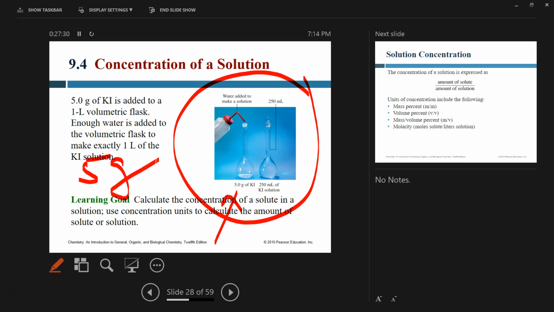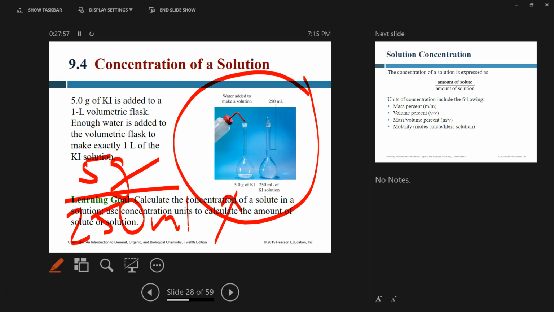And these 5 grams of salt are dissolved in enough water to make 250 mL of solution. So what's the concentration? It's 5 grams in 250 milliliters. I mean, it's not in conventional units. Conventional units will be, say, a liter.